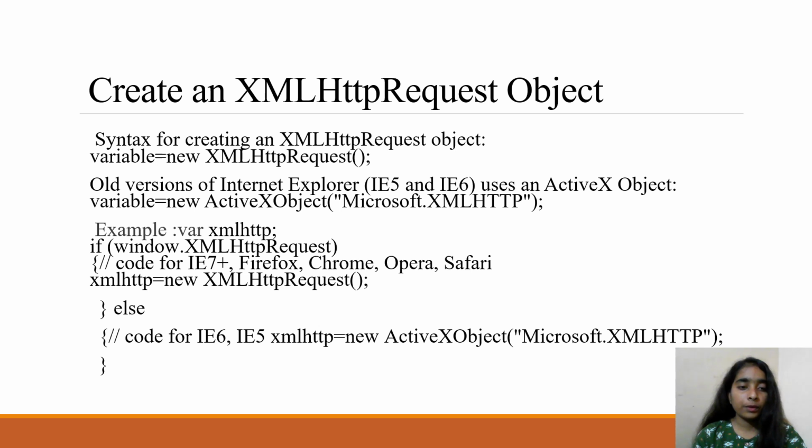For the older versions of Internet Explorer such as IE5 and IE6, which use an ActiveX object, variable equals new ActiveXObject of Microsoft.XMLHTTP. For example, if window.XMLHttpRequest, that is code for IE7 plus, Firefox, Chrome, Opera and Safari, it uses xmlhttp equals new XMLHttpRequest; or else, code for IE6 and IE5, it uses xmlhttp equals new ActiveXObject of Microsoft.XMLHTTP.